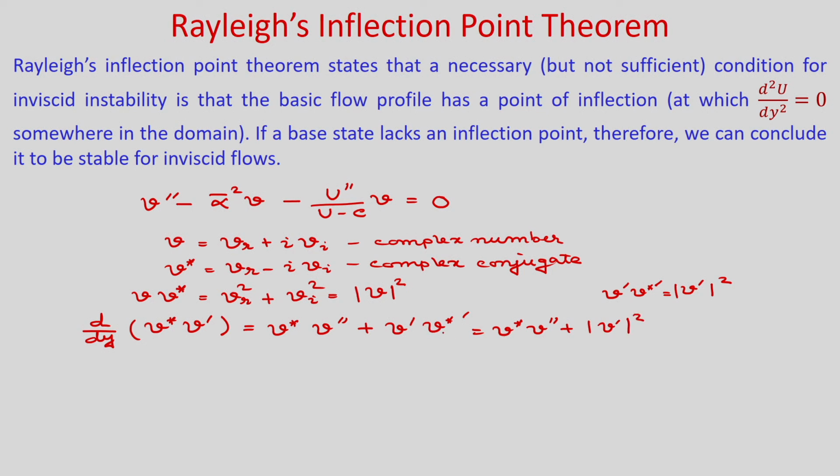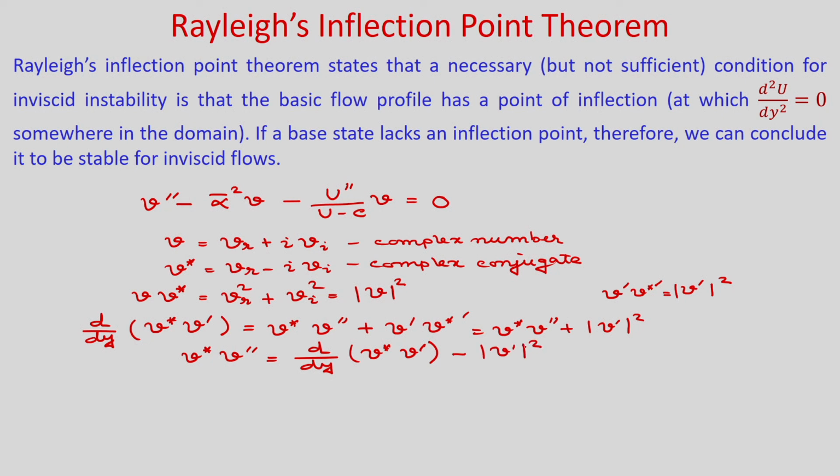And from here we can represent v star v double prime as d/dy of v star v prime minus mod v prime squared.